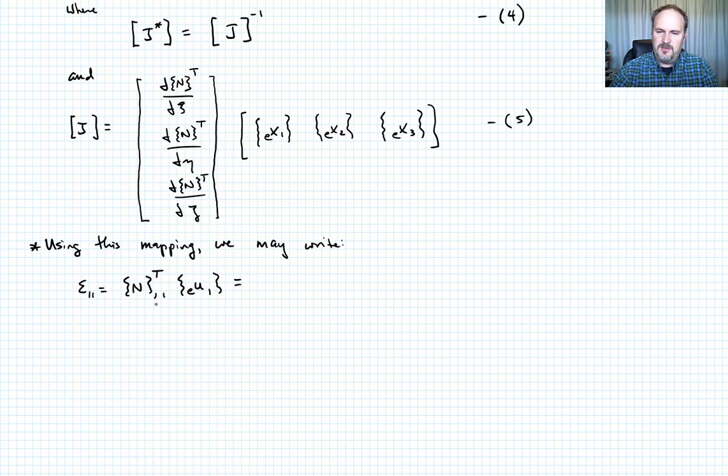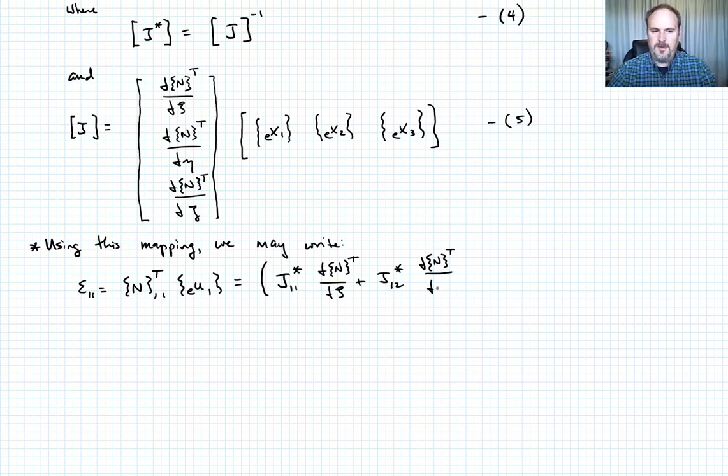And if we expand out using our mapping for n transpose, the partial of n with respect to x1, then this n transpose term becomes j11 star times the partial of n transpose with respect to xi, plus j12 star times the partial of n transpose with respect to eta, plus j13 star times the partial of n transpose with respect to zeta, right?